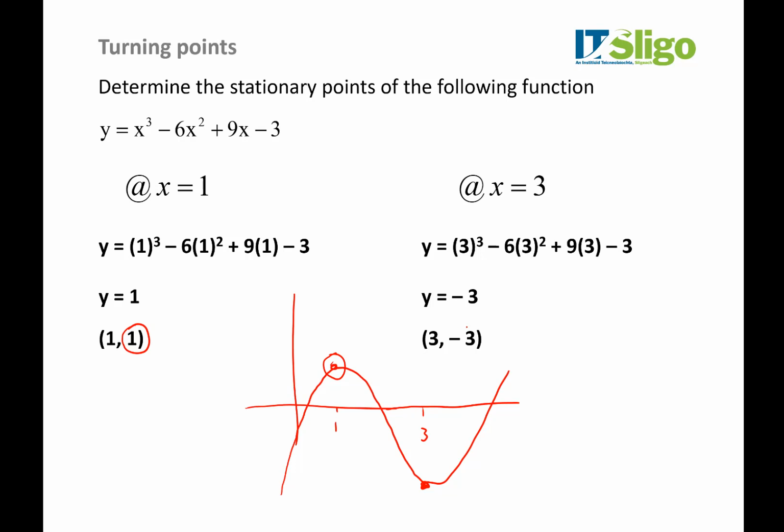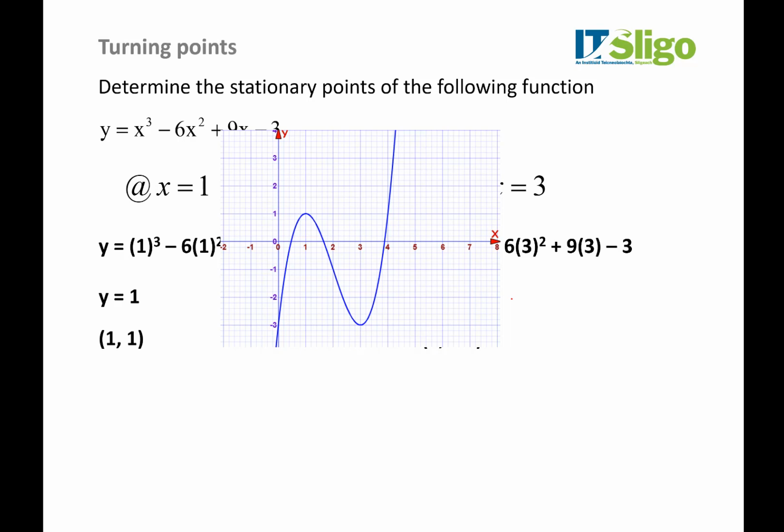The lower y value will always be a minimum. It's the only way that can work. There's no other way we can join those two dots. So the highest y value, that's the biggest value of the two, that's the max point, and this one is the minimum point.